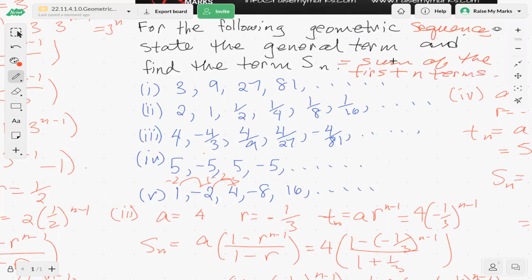It's good to find typos. So we have 5 geometric sequences. We want to find the general term, and then we're going to find Sn, so the sum of the first n terms. So once we take the sum of all the terms in our sequence, we have a series.